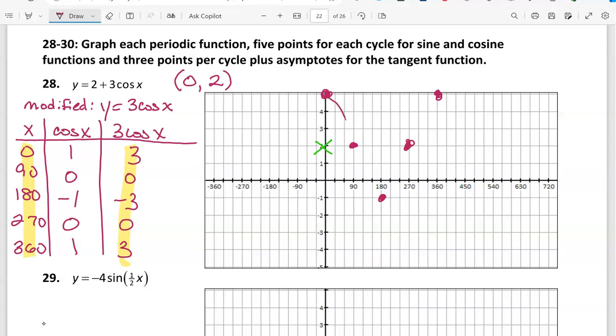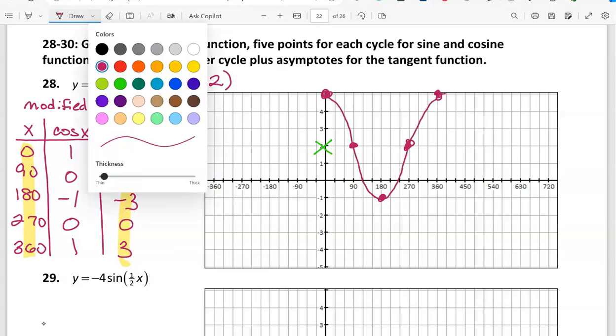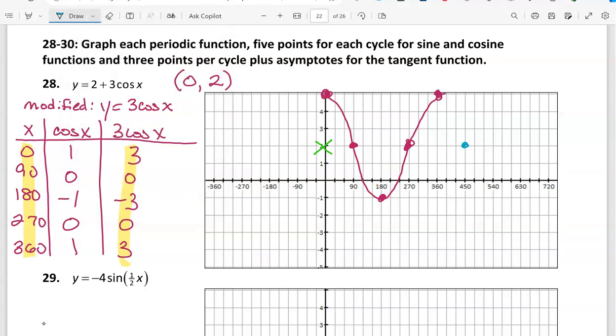And so the graph of one cycle looks like this. I'm going to fill in some additional points to show what the graph would do from that point, and we'll just mark these off. Every 90 degrees, there's one cycle on the right side, and then there's an additional cycle on the left side, or probably more, that can be graphed as well.